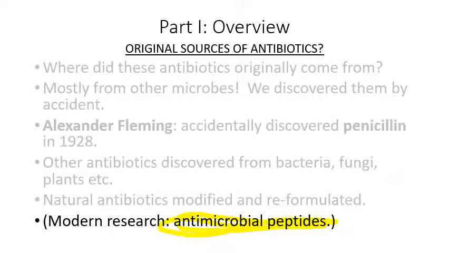Now that we've sequenced the genomes of all sorts of animals, we're rapidly looking through the genomes of animals that produce antimicrobial peptides, and doing research into those as an alternative to antibiotic chemicals.